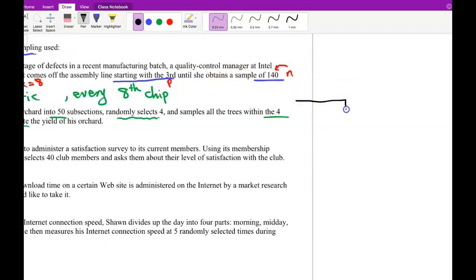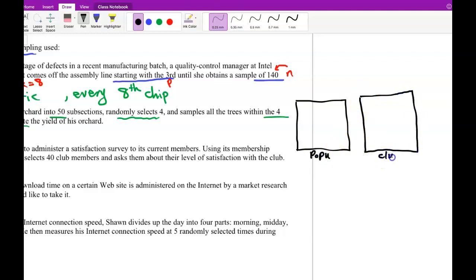Let's say this is all the trees that I have. So that is the population. Then here is a cluster. The population is divided, I'm not able to draw all these, but these are divided by 50.